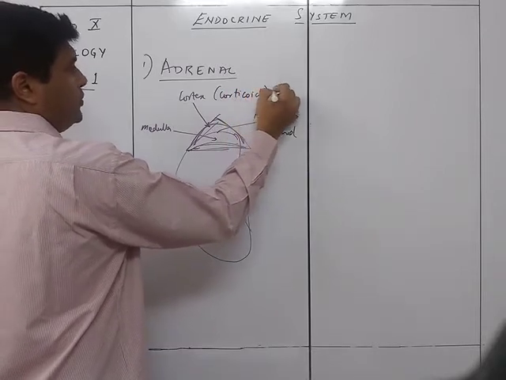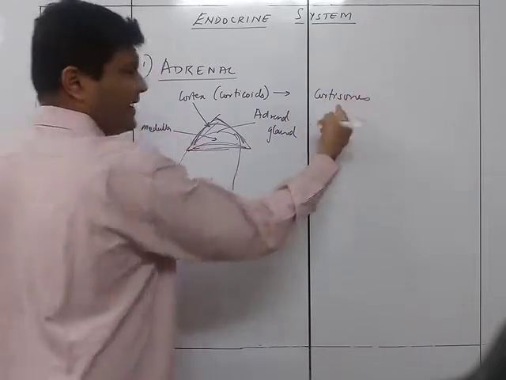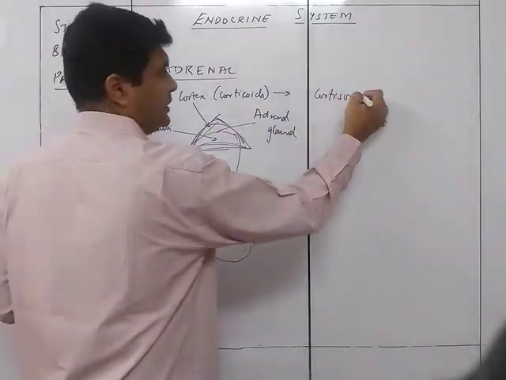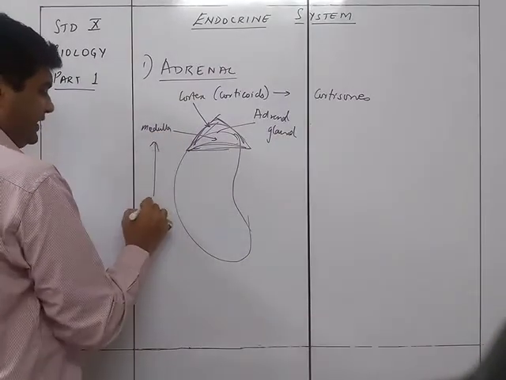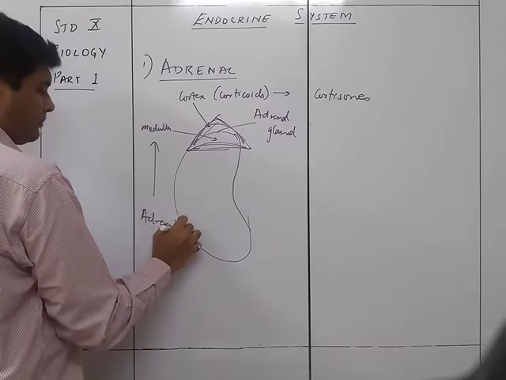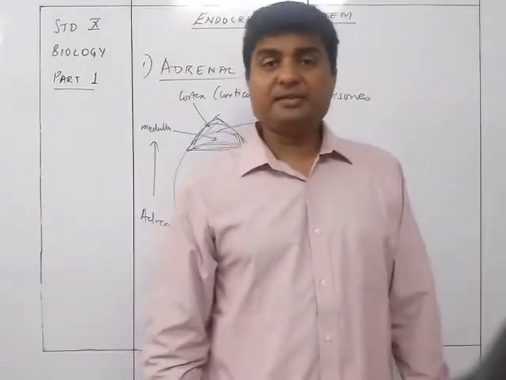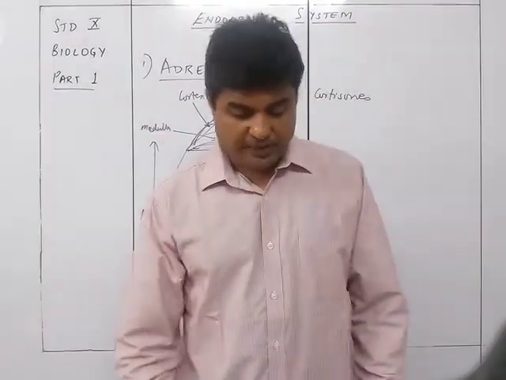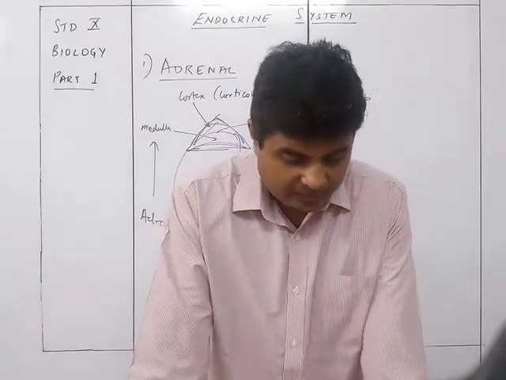Because they are producing cortisones. They are the kind of hormones called cortisones. And the medulla is the one which produces the adrenaline, that is the inner part of the adrenal gland.